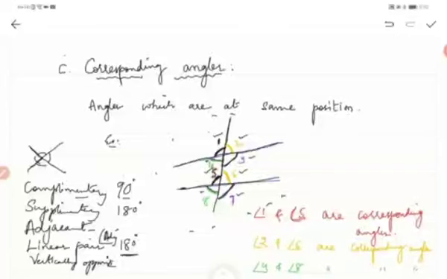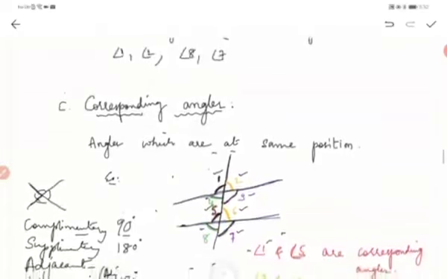So we were talking about corresponding angles, which is one of the types of angles formed whenever two lines, L and M, are crossed by a transversal line. Suppose they are two lines, and a transversal line is cutting each line at one point, that is, two lines, 2 points.